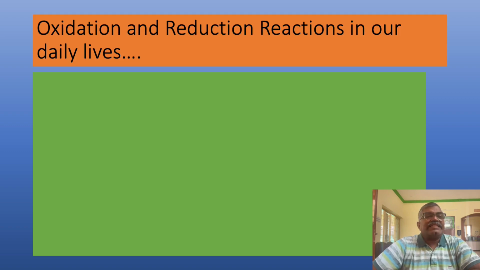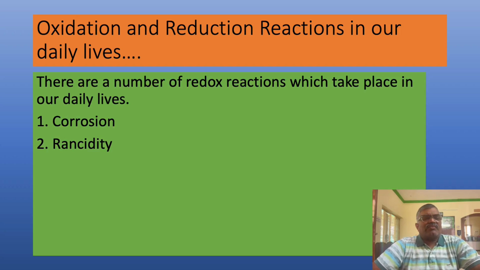And the next topic is oxidation and reduction reactions in our daily life. You can see a lot of things happening around us, especially corrosion and rancidity. These are examples of redox reactions. Do you know what corrosion is? Rusting of iron is a very good example, but corrosion is a very general thing.